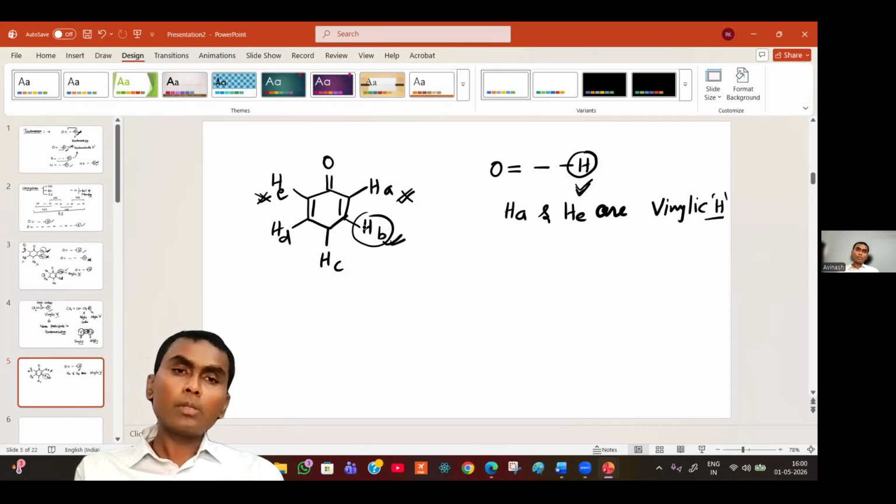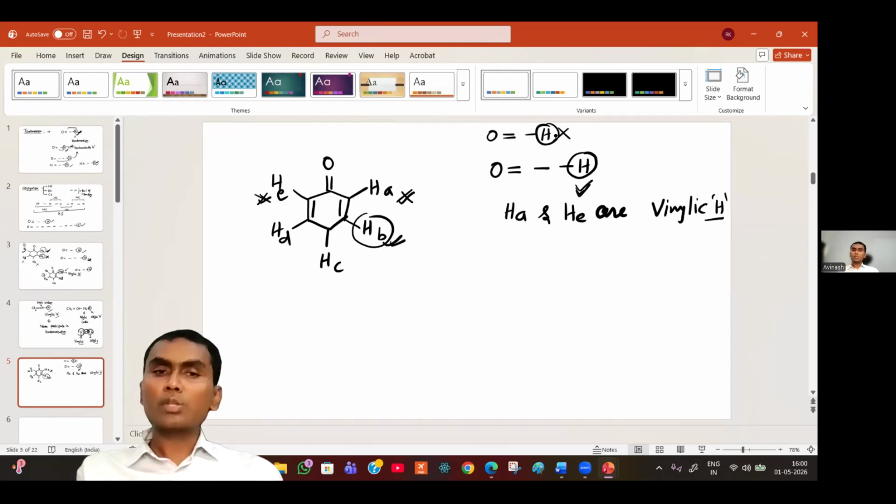O double single hydrogen. As we know that this hydrogen never participates in tautomerization, so this will not take part in tautomerization. But this one is like allylic hydrogen, and this fulfills the condition.